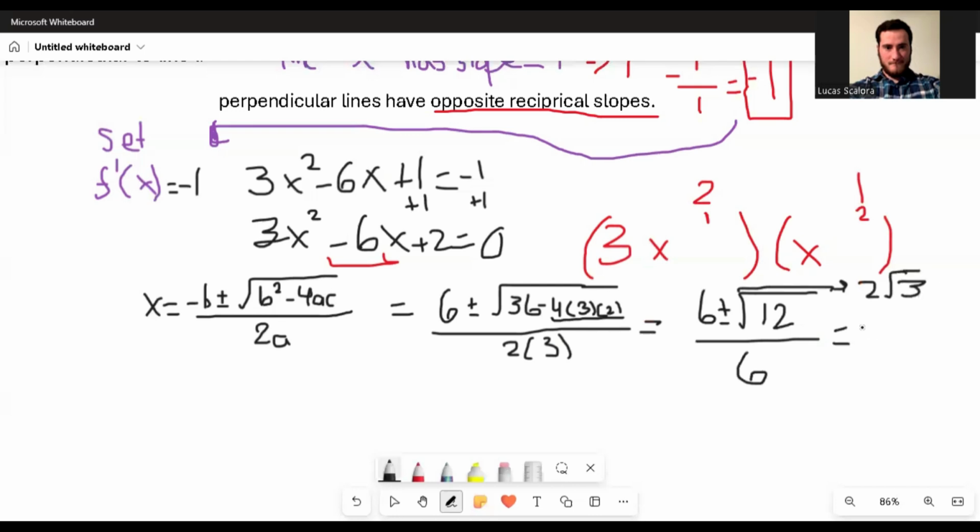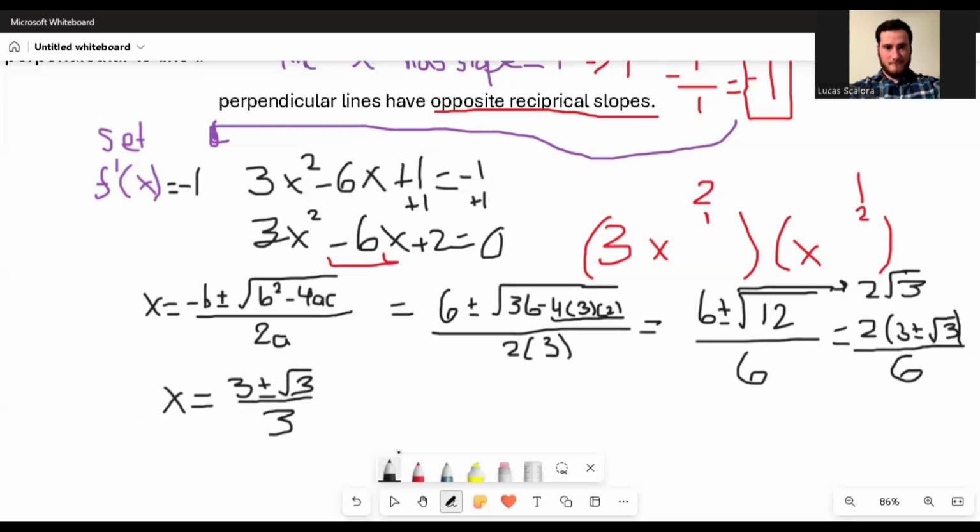So I'm going to factor out a 2: 2 times 3 plus or minus root 3, over 6. And now we can take out the 2, since 2 over 6 is the same thing as 1 over 3. So finally, x is equal to 3 plus or minus the square root of 3, over 3.